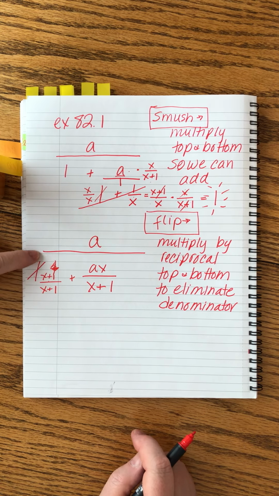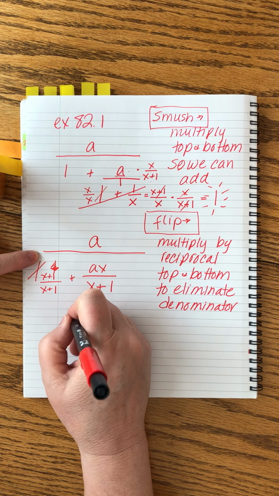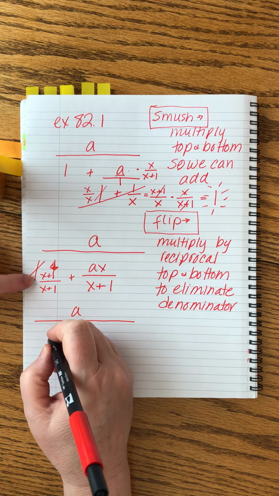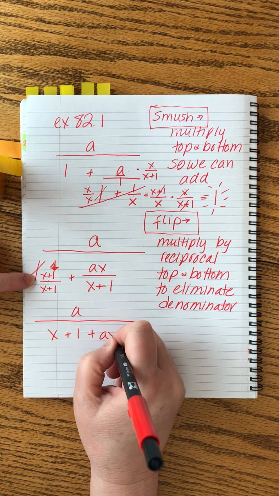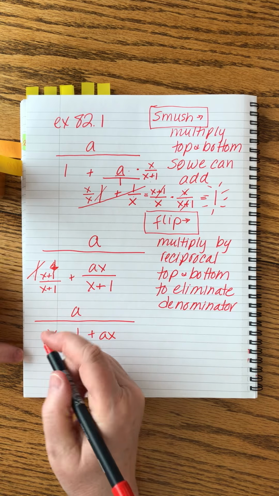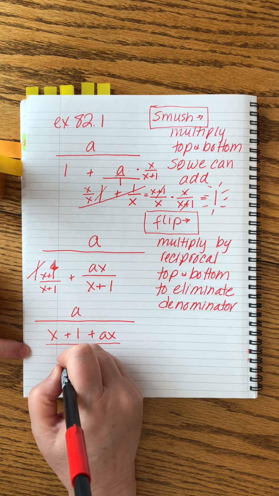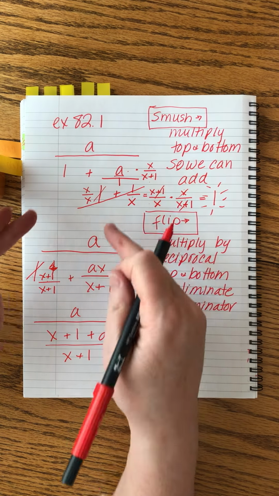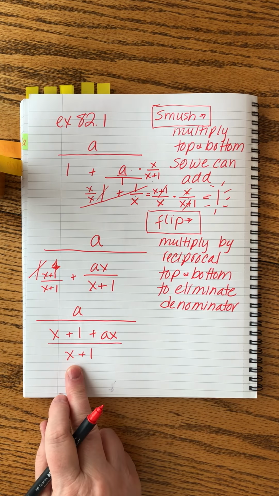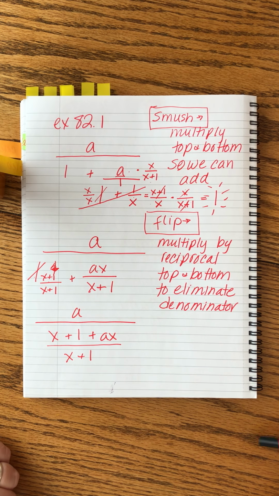Now we can rewrite this denominator as, I'm going to put the numerator up there too. It is x plus 1 plus ax all over x plus 1. We have successfully smushed these two pieces of the denominator into 1. Now we're ready for the good old flip.